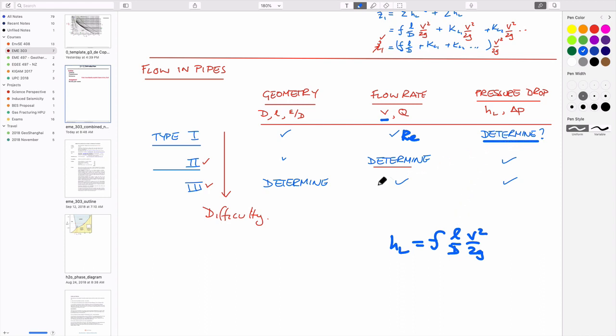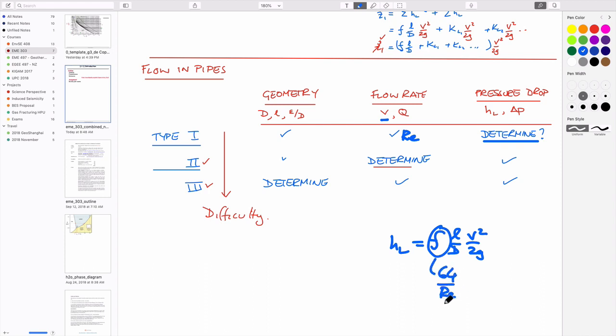The next wrinkle on this is when you don't know what the velocity is. So one way to do it is to assume some condition. You could assume it's laminar, or you could assume it's turbulent. If you assume it's laminar, then you can use the method we did. So you just throw 64 over Re into this number here, which is what we've done.